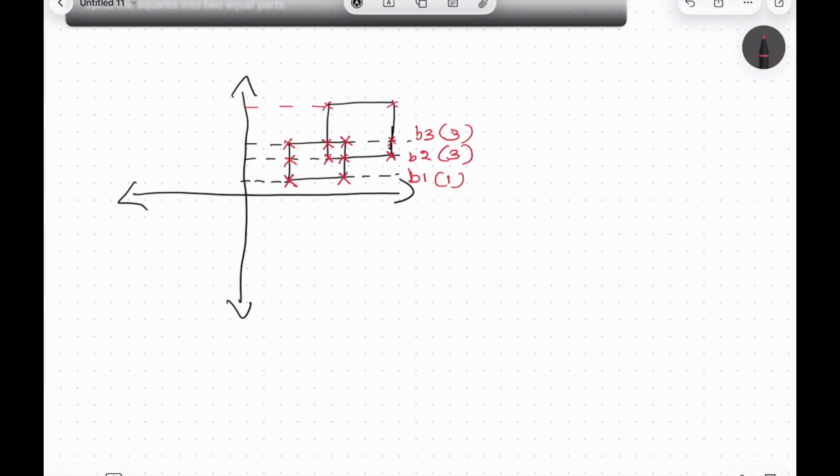So with this, there is overlapping happening here, right? Because of this area, the overlapping happens between this square and this square.